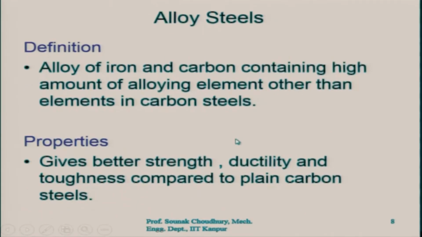Those are the demands from engineering, and therefore alloy steels came into the market, since plain carbon steels, be it medium carbon or high carbon steel, were not satisfying these demands of strength, ductility and toughness. So alloy steels have started to be used very widely in engineering practice.